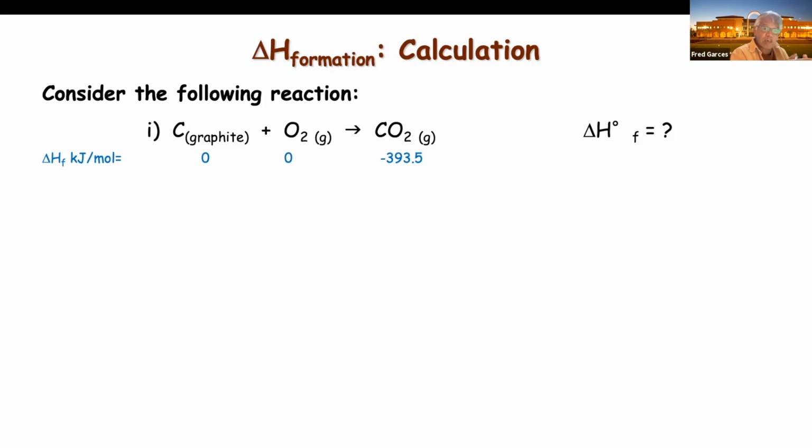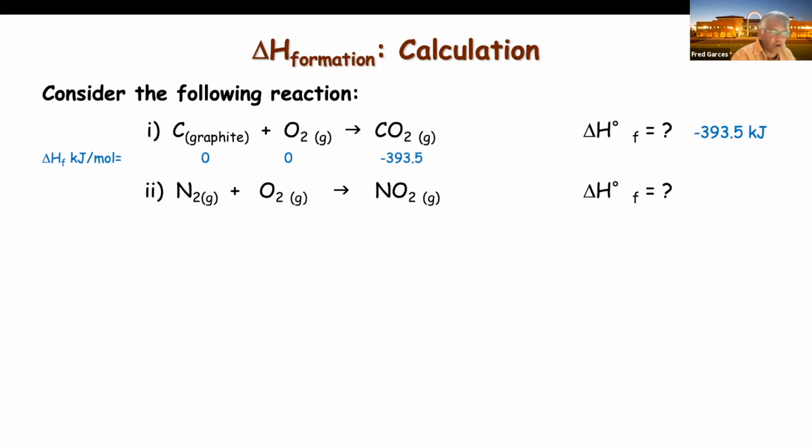And then when we measure this reaction, we get a certain amount of heat that is released. That heat translates to 393 kilojoules per mole. And so we can say that we can assign carbon dioxide a formation enthalpy of 393.5 and oxygen and graphite 0. We can do the same thing for formation of nitrogen dioxide.